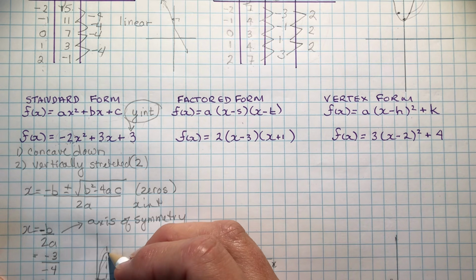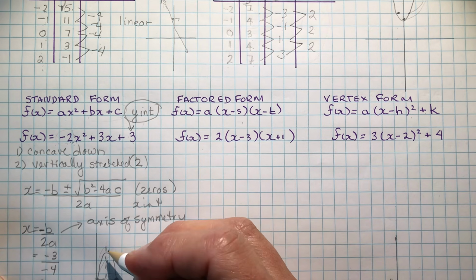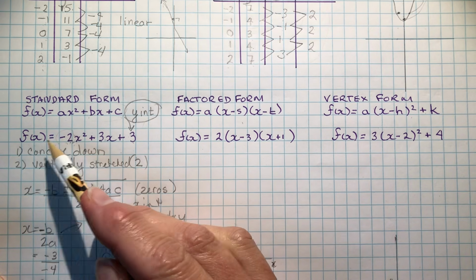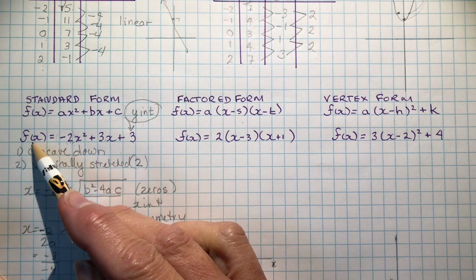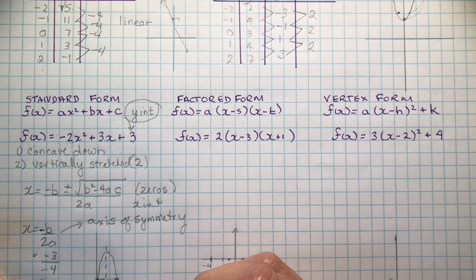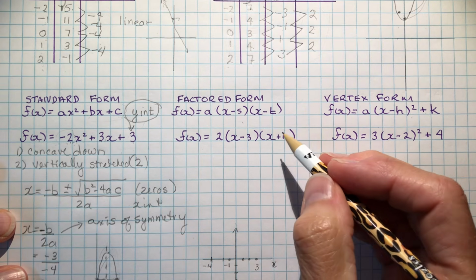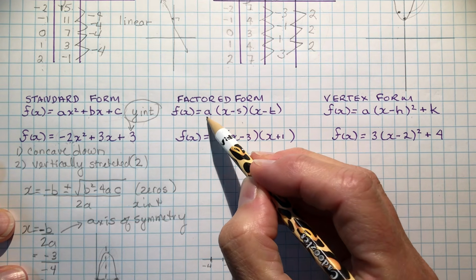I don't know how high it's going to go, but I could determine that by plugging in 3/4 for my x. f at 3/4 would give me the height of the function here. And I could also find the zeros or x-intercepts by using the quadratic formula, which I'm not going to do right now. The factored form, again, you have your a value.